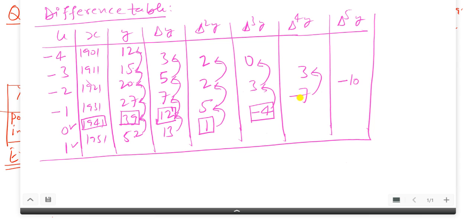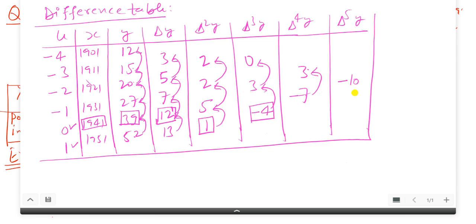Del 4 of y minus 2 is not present in this table. Similarly, del 5 of y minus 3 is not present in this table.